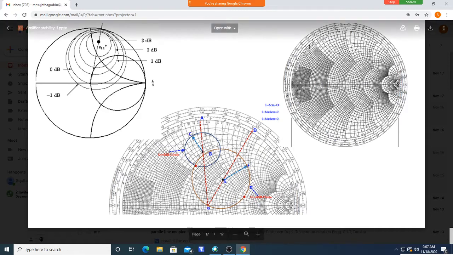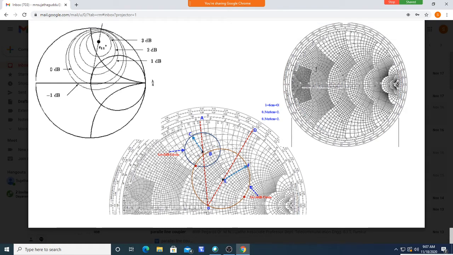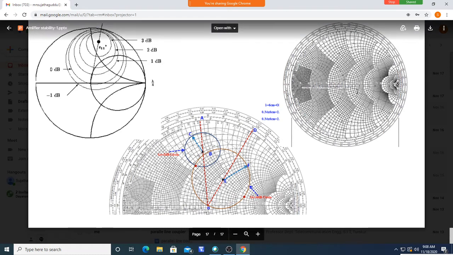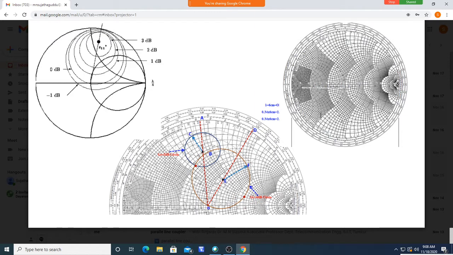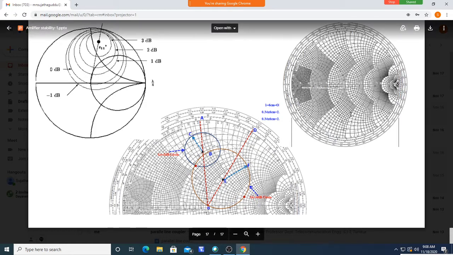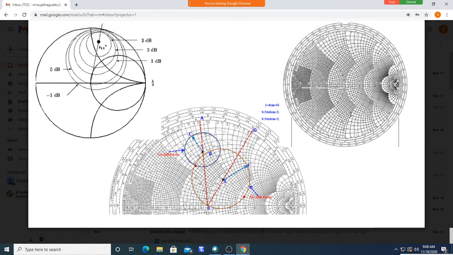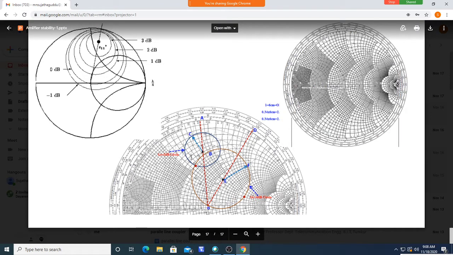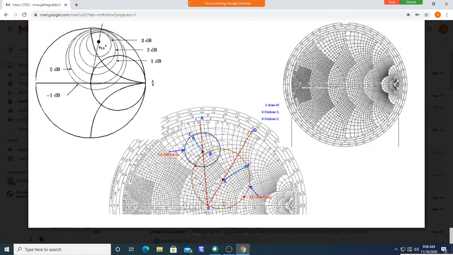While checking, you may come to know that we can use unconditionally stable. There are two types of stability: conditional stability and unconditional stability. So we have to check the stability of the amplifier before taking the value over this circle or this circle.